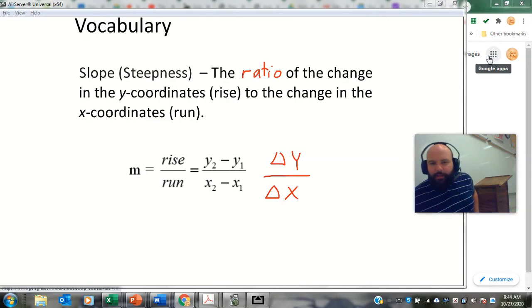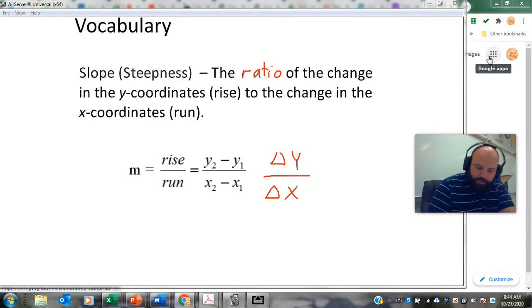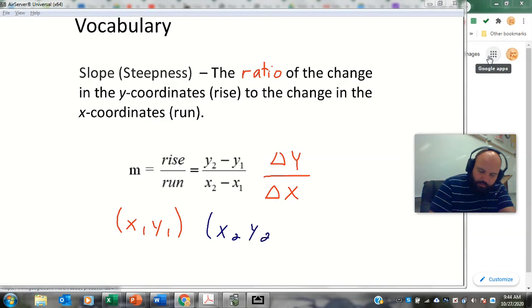Now, numerically, the way that we find that change is to subtract two numbers. And what you have to understand, though, is that we will have two ordered pairs. We'll have an x1 and a y1, and then we're going to have an x2 and a y2. Now, the only difference between those two ordered pairs, other than the fact I color coded them, is that their subscripts, the ones and the twos, simply show us which ordered pair it is.